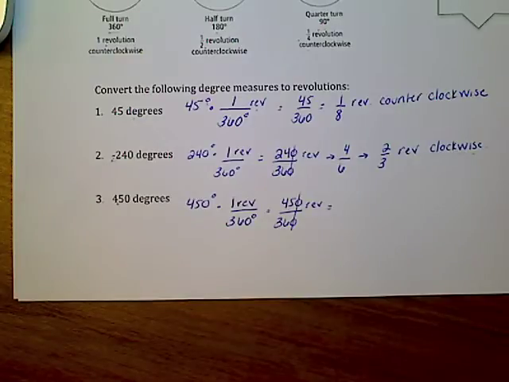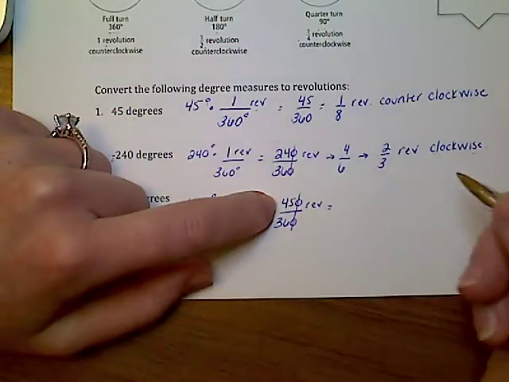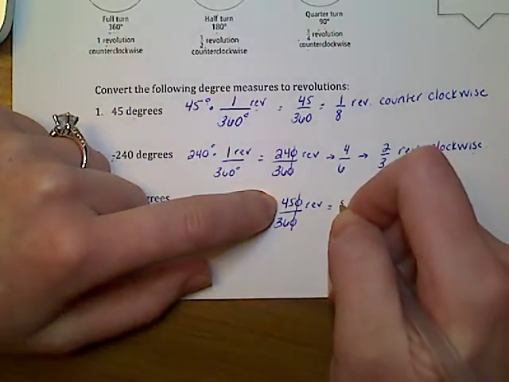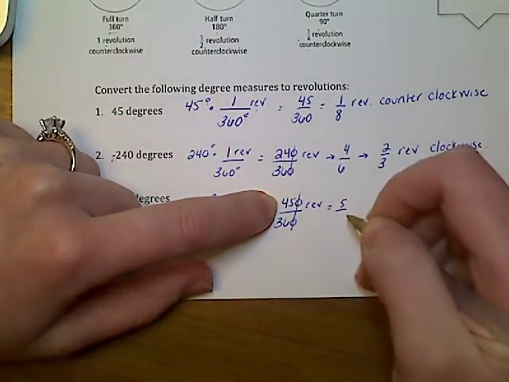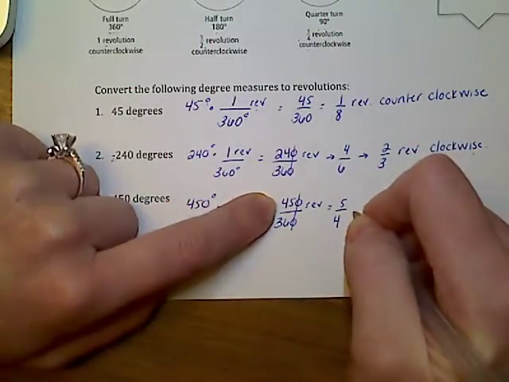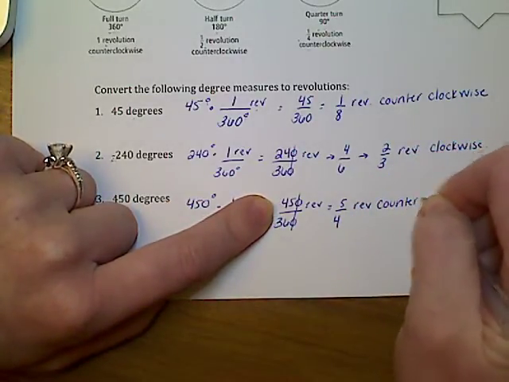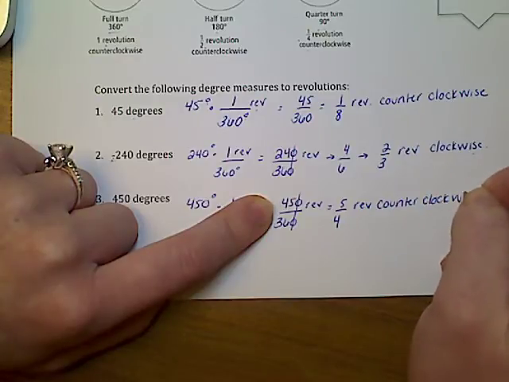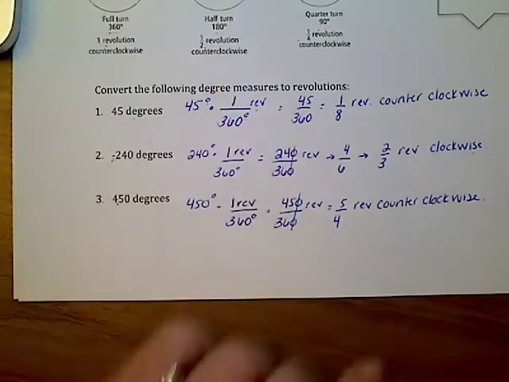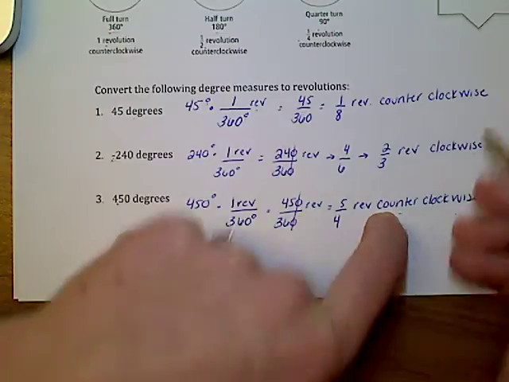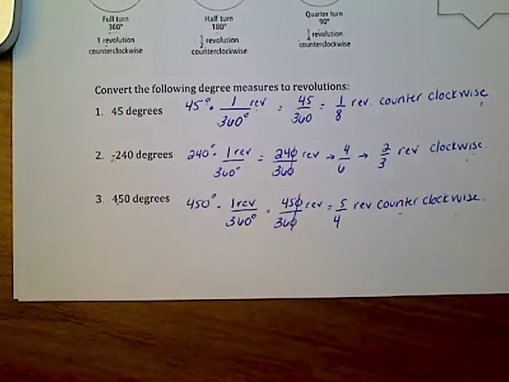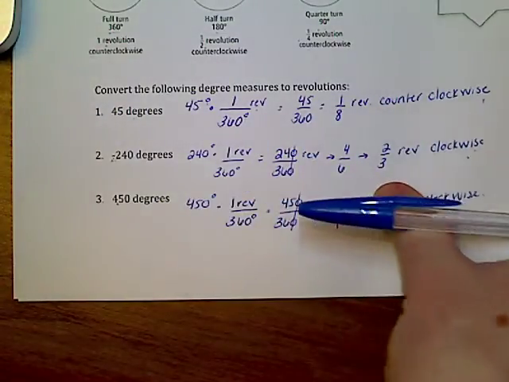Both of those are at least divisible by 9, so we would have 5 over 4. 5/4 of a revolution counterclockwise. And yes, you do need to say clockwise or counterclockwise. You need that part. Alright, let's look at the back page.